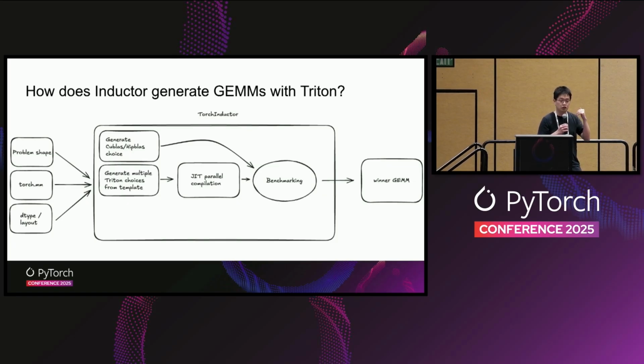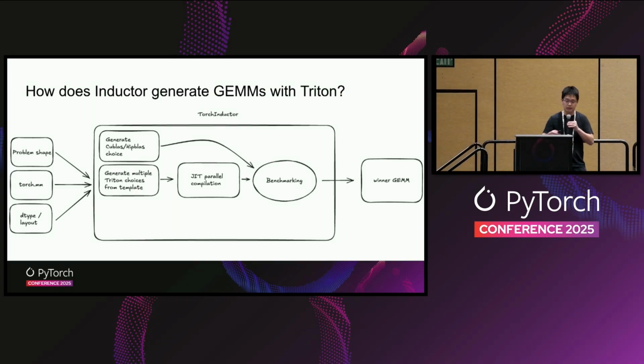We generate multiple choices using templating for Triton. Then we use the Triton compiler to compile them just in time, in parallel. Then we benchmark all the choices to see which one is the fastest for our specific shape, data type, layout, etc.